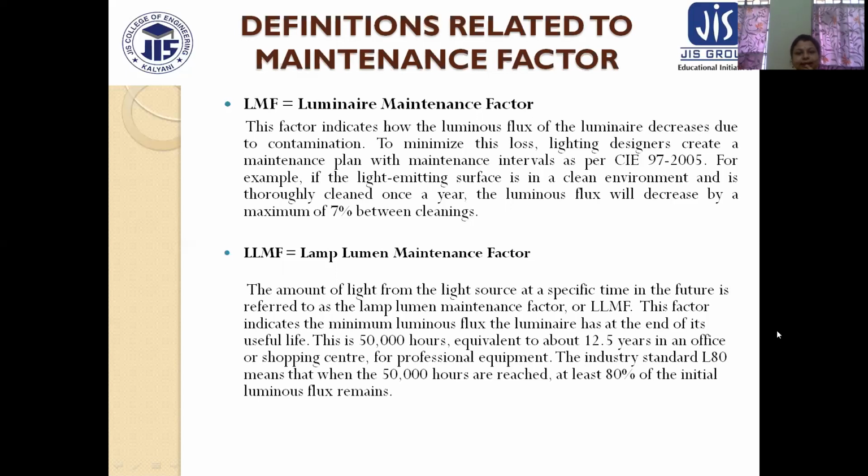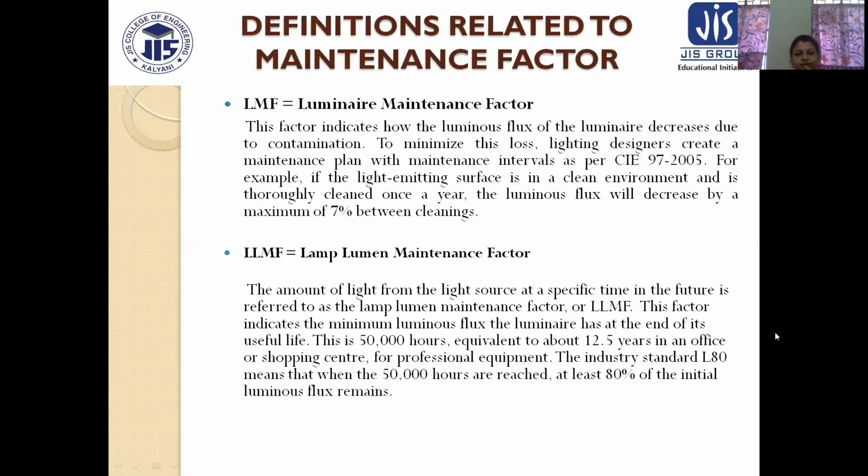Next, LLMF, that is lamp lumen maintenance factor. The amount of light from the light source at a specific time in the future is referred to as the lamp lumen maintenance factor. This factor indicates the minimum luminous flux the luminaire has at the end of its useful life.